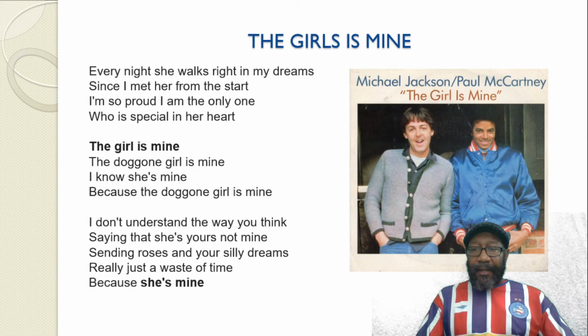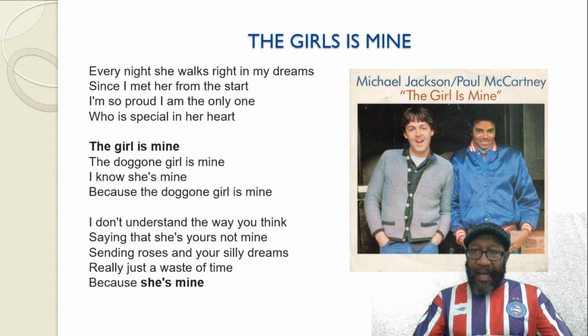And here, as a wrap up for the class, we have the song The Girl Is Mine. It's a partnership between Michael Jackson and Paul McCartney during the 80s. And it's interesting because the song talks about a kind of argument they are having about a girl.